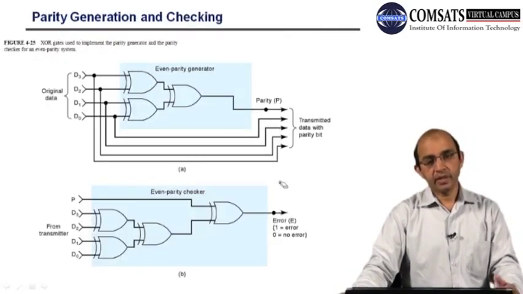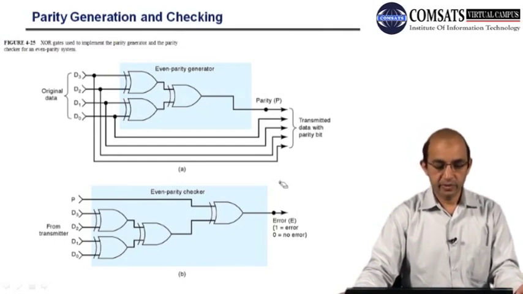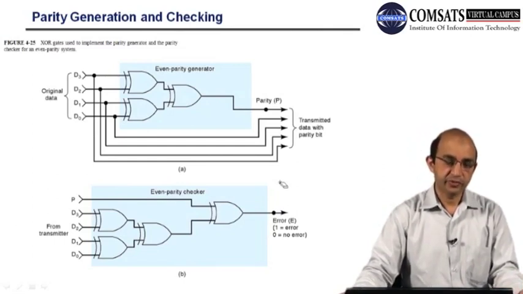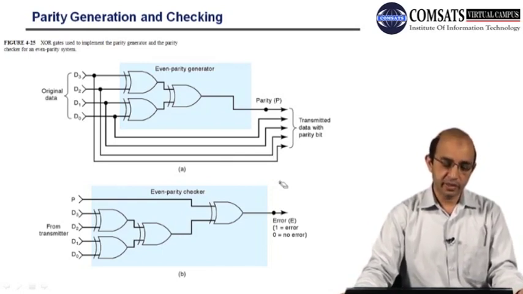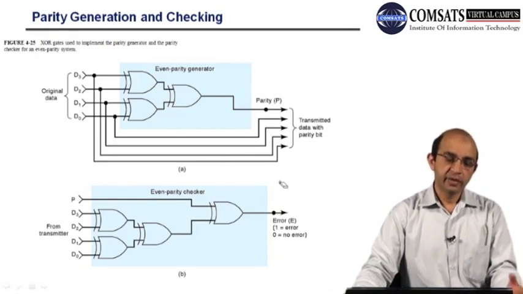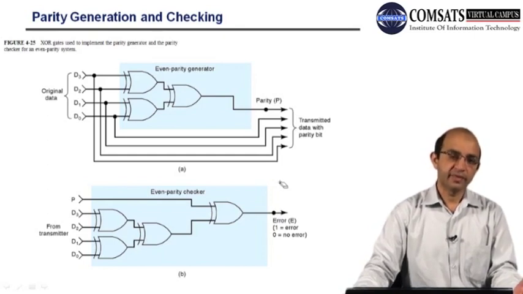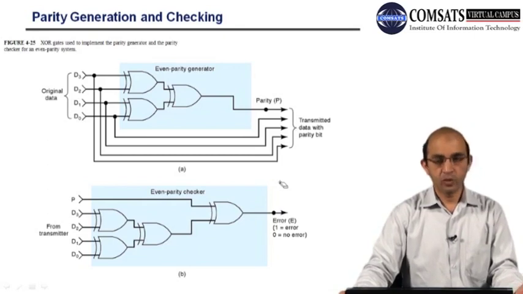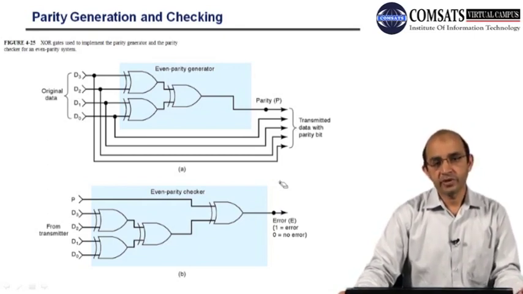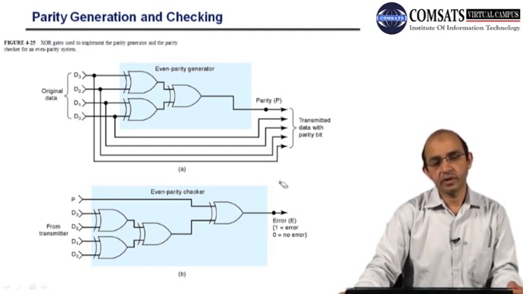Then parity generation and parity checking. First, you should know why we need parity generation and parity checking. Normally when we transmit data, there is a sender and a receiver, and there are chances that the data becomes noisy due to circuitry or channel problems, or many other reasons for noise.